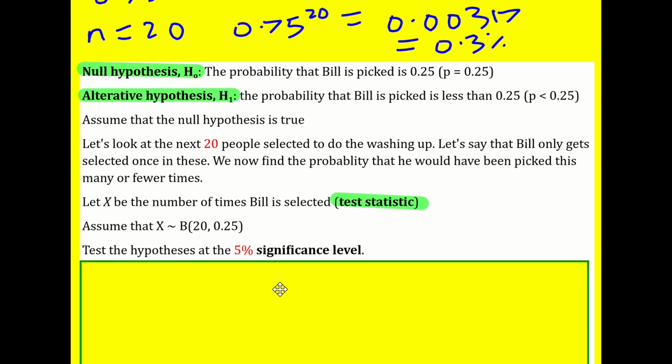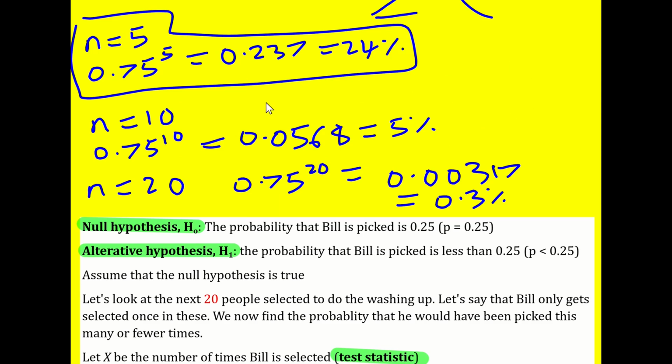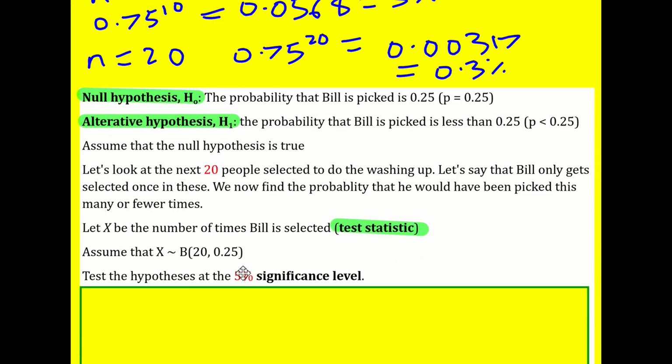And then we test the hypotheses at the 5% significance level. Like I was saying before, we want to be really sure that there's less than a 5% chance that it could have happened just randomly due to natural variation. So we decide a level. If you want to be really sure, you would reduce the significance level, maybe to 1%.